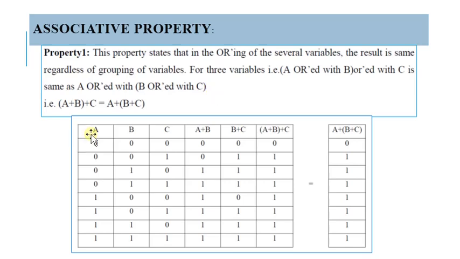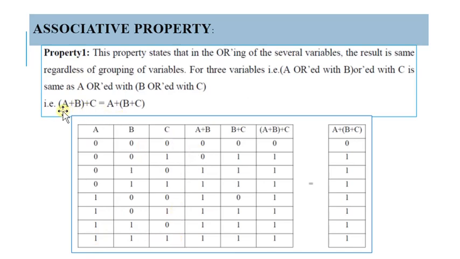So here you have three variables a, b, c, correct? And how many combinations are required for this? 2 to the power n, where n is equal to 3. So 2 to the power 3 will become 8. That is why you have 8 combinations for the inputs. You can see here starting from 0 0 0 till 1 1 1.